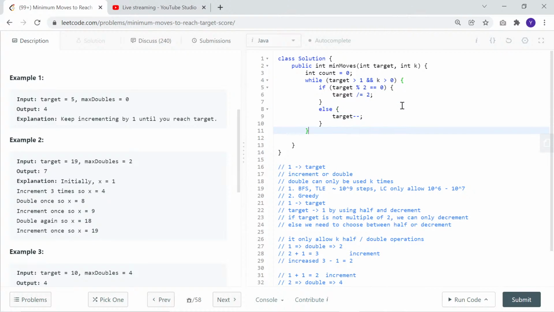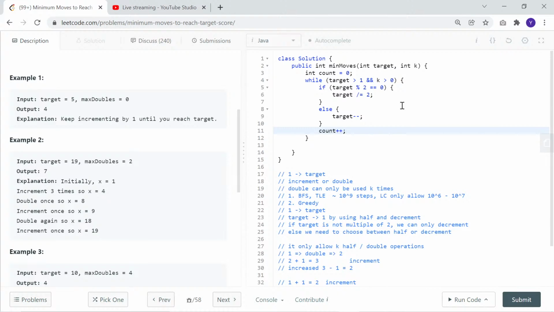So we increment count in both situations. After this is done, either target is 1 or k is 0. So we just do target minus 1, to see how many steps are left. Those steps are all doing the decrement.